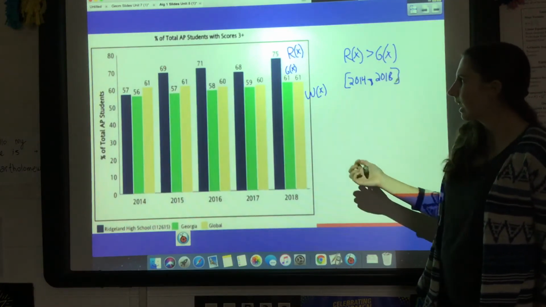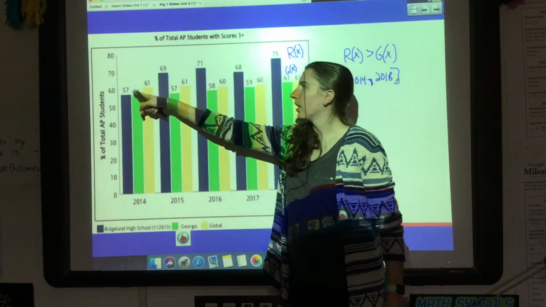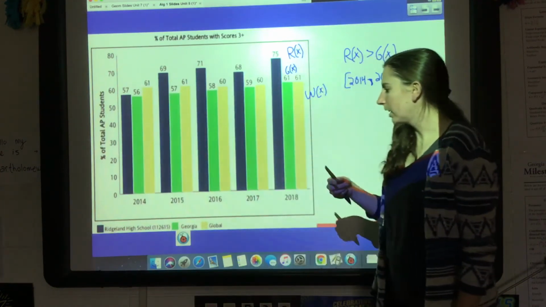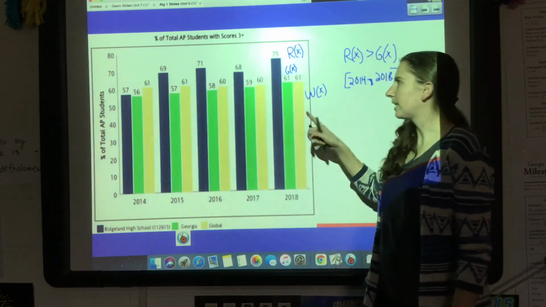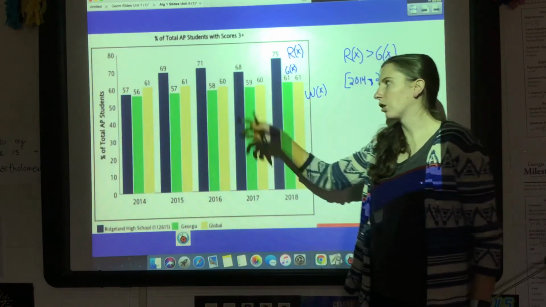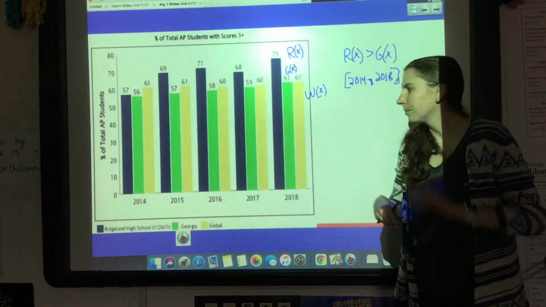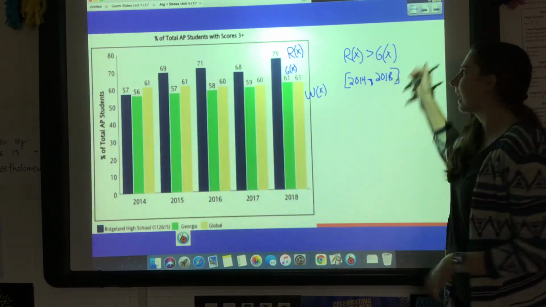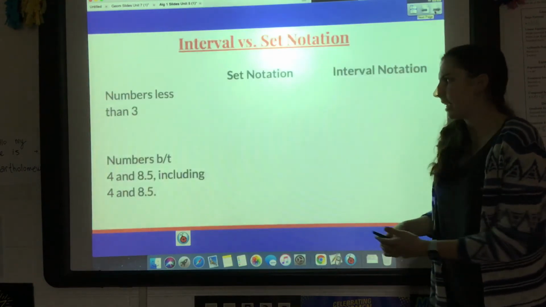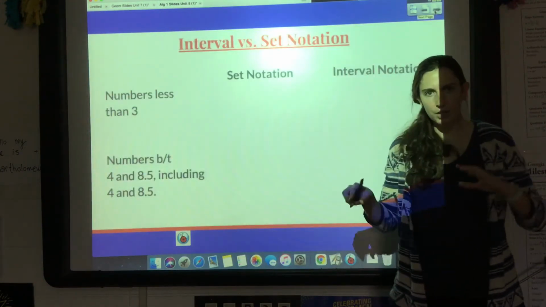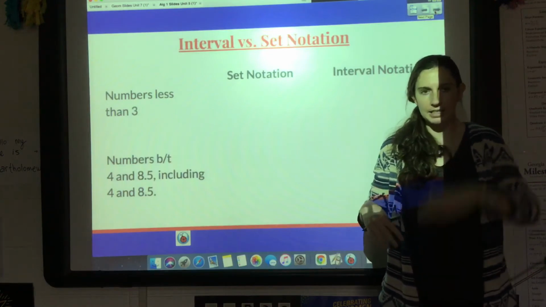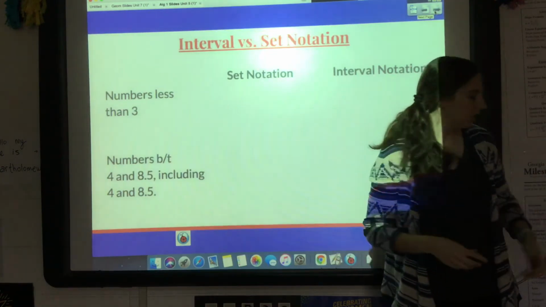We couldn't say that for the entire globe because they were higher than us right here, but we could at least say from 2015 to 2018, Ridgeland scores were greater than the global scores. So what you've been seeing here is just comparing functions using inequality signs, like are the numbers higher, are the numbers lower kind of thing.